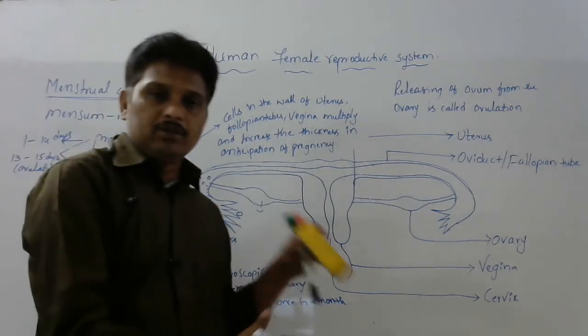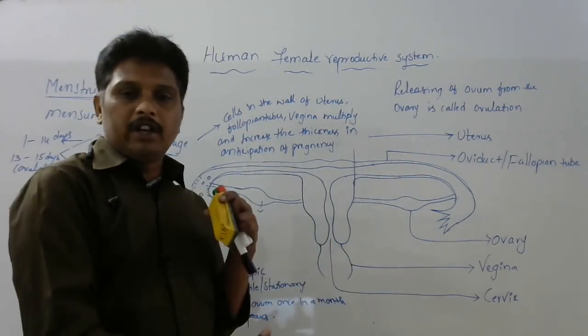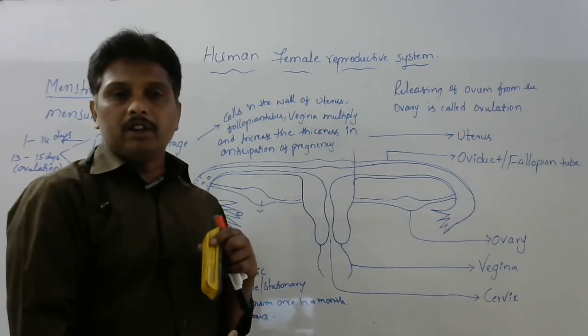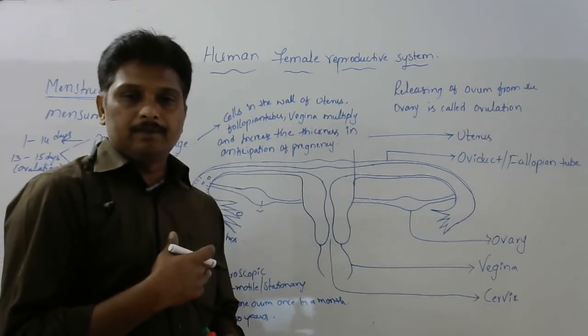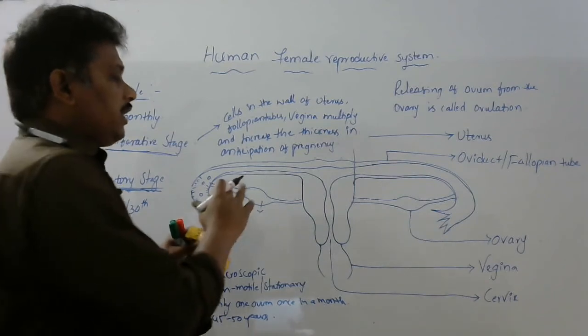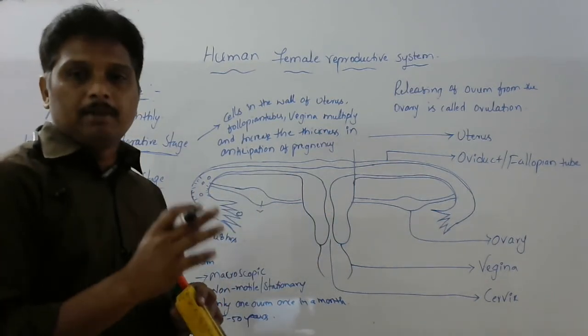Again proliferative stage starts, again secretory phase. Proliferative stage is followed by secretory stage, secretory stage is followed by proliferative stage till the female attains pregnancy. This is about the menstrual cycle and the structure of female reproductive system.